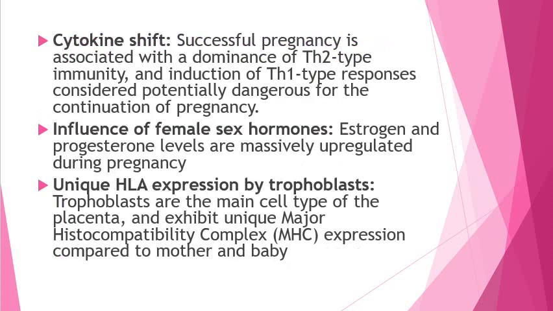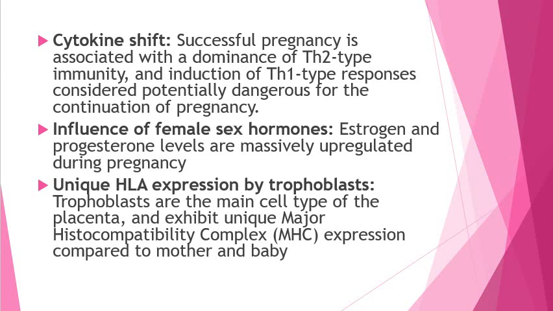Successful pregnancy is associated with the dominance of Th2 type immunity, which we have dealt with earlier. That is a hormone-mediated immunity, and induction of Th1 type responses is considered potentially dangerous to the continuation of the pregnancy.